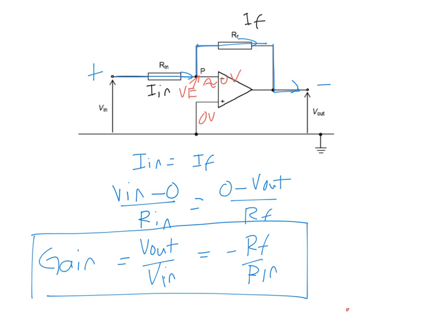You want whatever gain, you just play around with these two resistances. You want your gain to be 10, 10 ohm, 1 ohm. Or 100 ohm, 10 ohm. Or 1000 ohm, 100 ohm. Up to you. If you want your gain to be 100, then it will be 100 to 1. Understand?